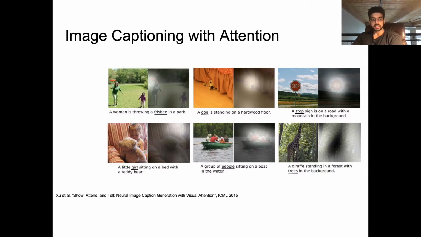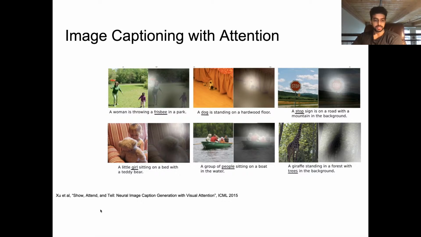And there are other examples where, when the model is producing the word frisbee, it's focused on this frisbee-ish region. When it's producing the word dog, it's focused on the dog. When it's producing stop sign, it focuses on the stop sign, and so on.